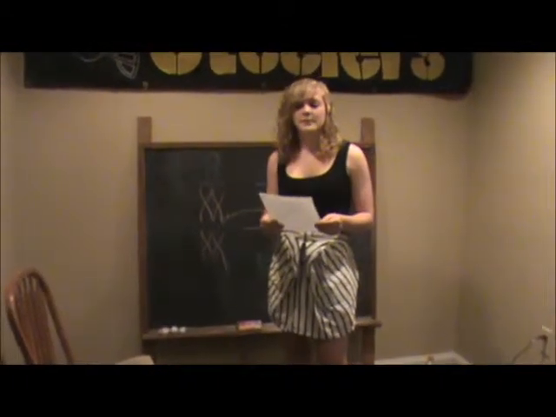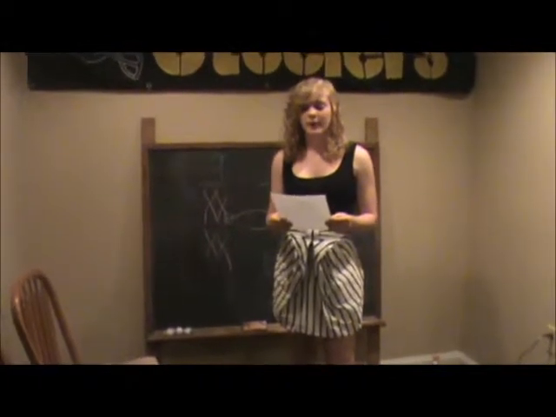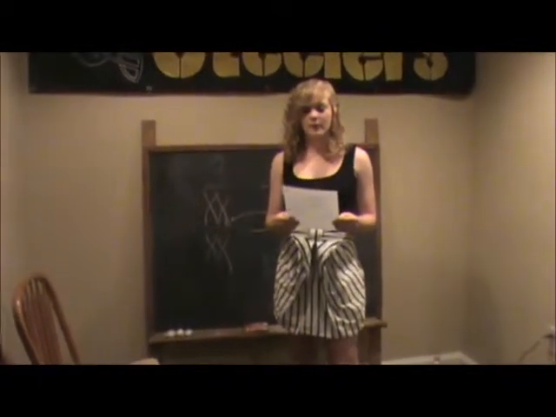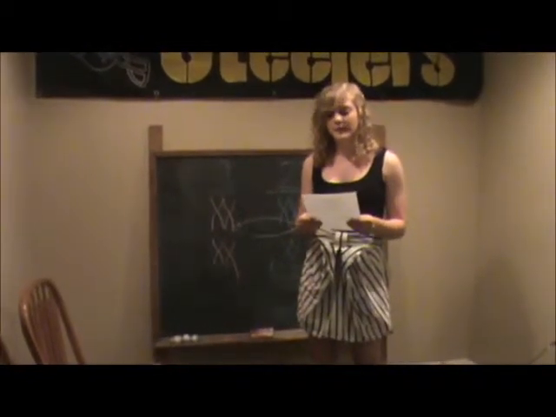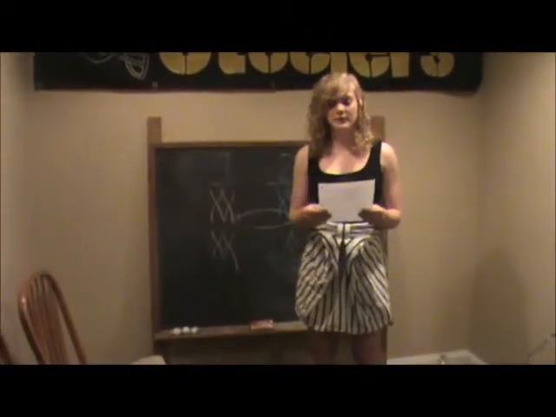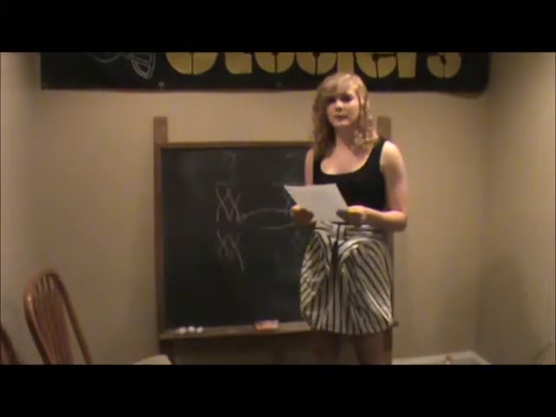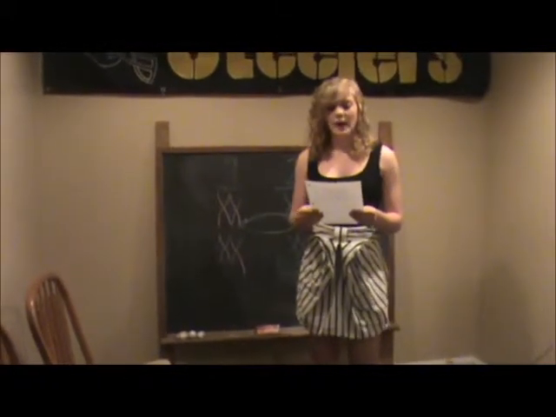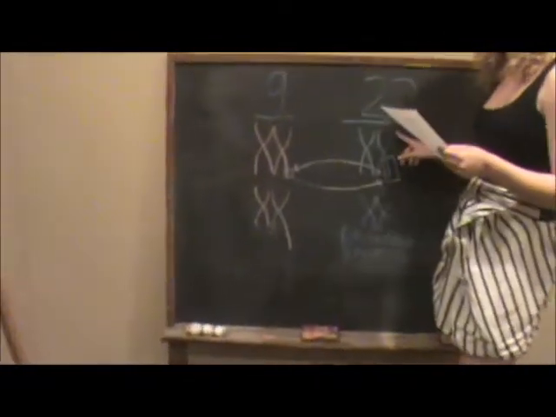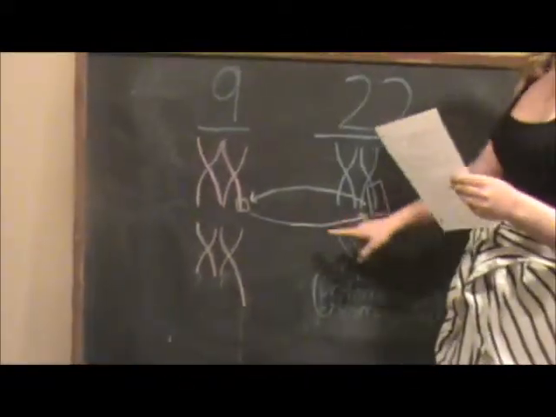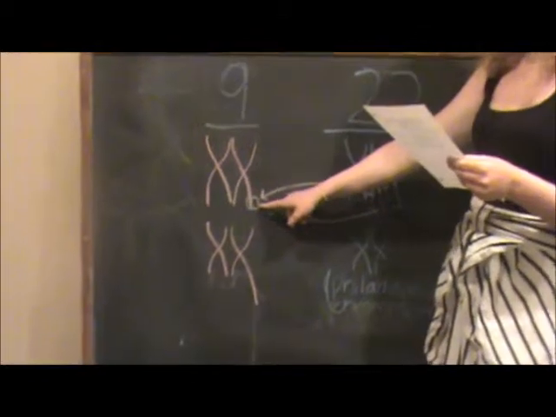Another disorder caused by translocation is chronic myelogenous leukemia, also known as CML. This happens with reciprocal translocation during mitosis of the cells. These cells will later become the white blood cells. As shown in the picture, a large portion from chromosome 22 exchanges with a small portion from chromosome 9.